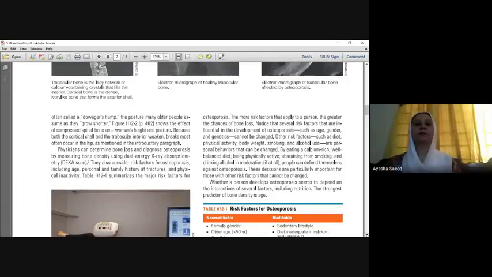They also consider risk factors for osteoporosis, including age, personal and family history of fractures, and physical inactivity. There are many other risk factors too. Table H12.1 summarizes the major risk factors for osteoporosis. The more risk factors that apply to a person, the greater the chances of bone loss.